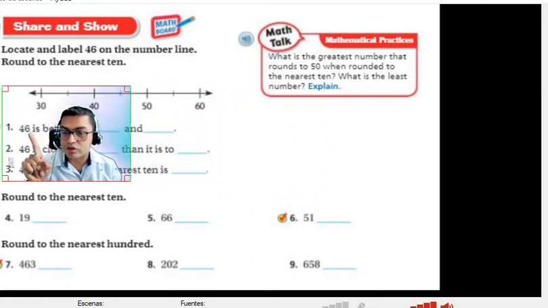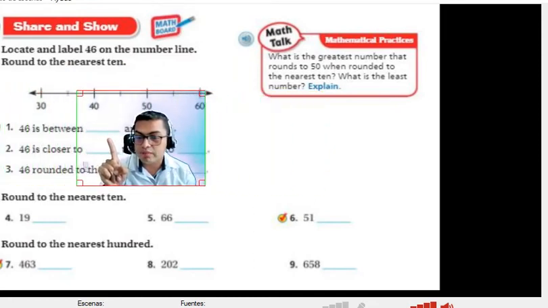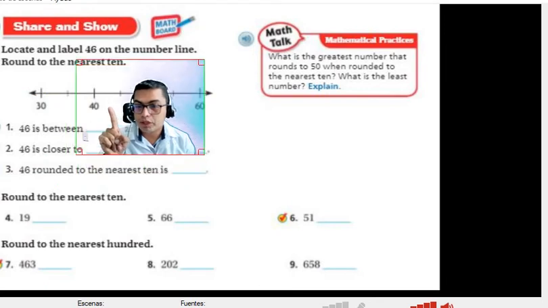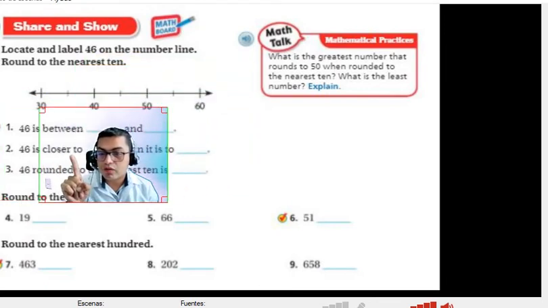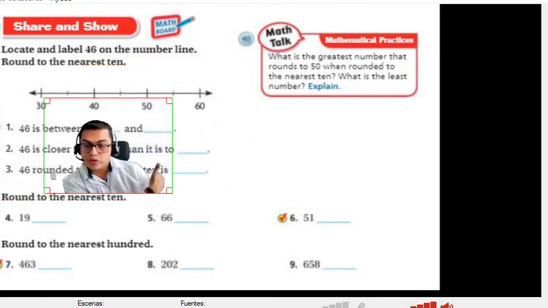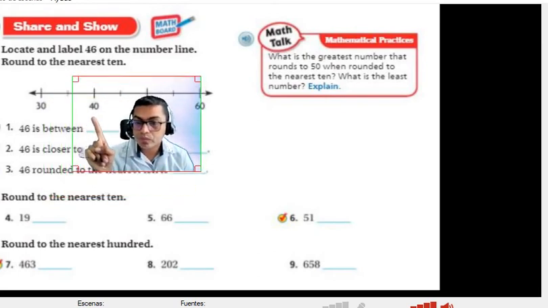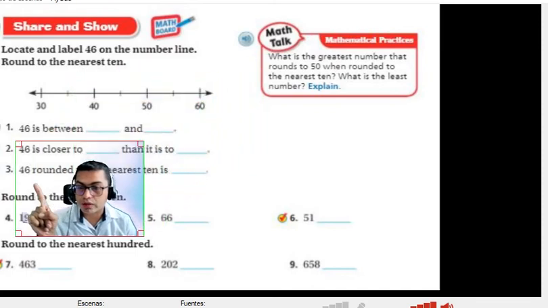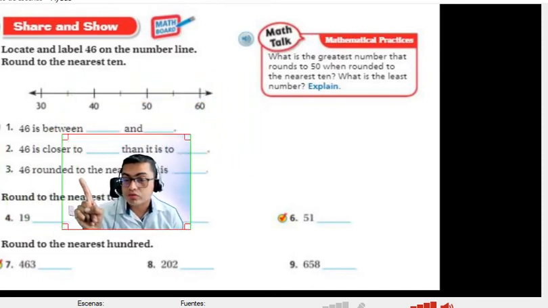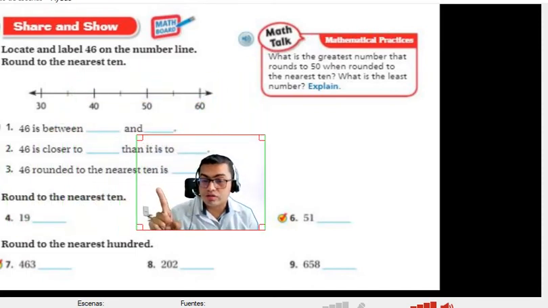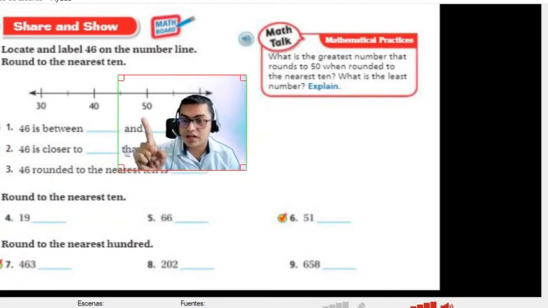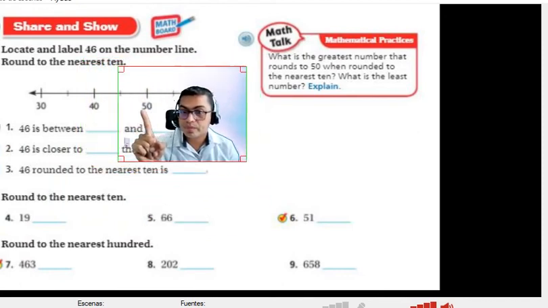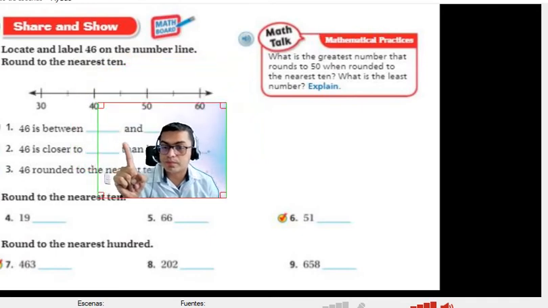Y empiezan a contestar. 46 is between what numbers? 46 is closer to what numbers? Closer to which one? 46 rounded to the nearest 10, o sea, si lo redondeamos a la más cercana decena, is closer to, ¿qué dices tú?